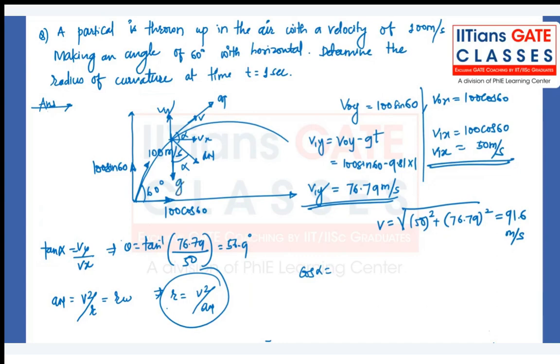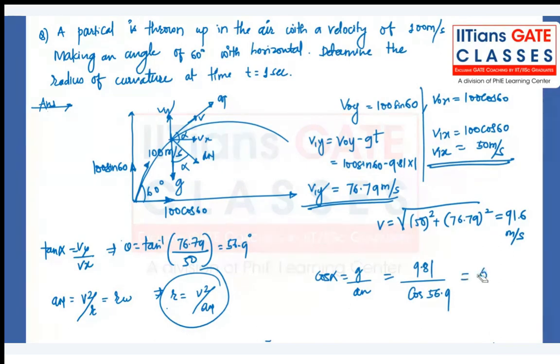Okay, so I can say that cos of alpha, you can write it as g divided by An.